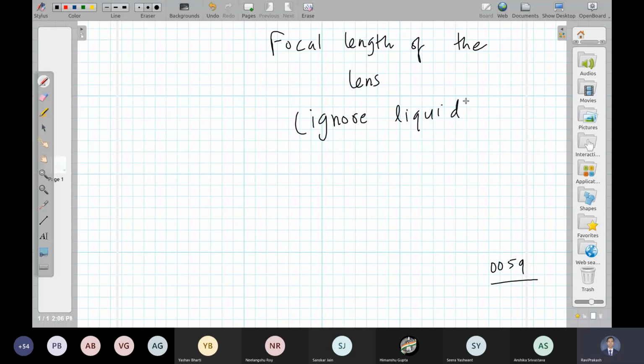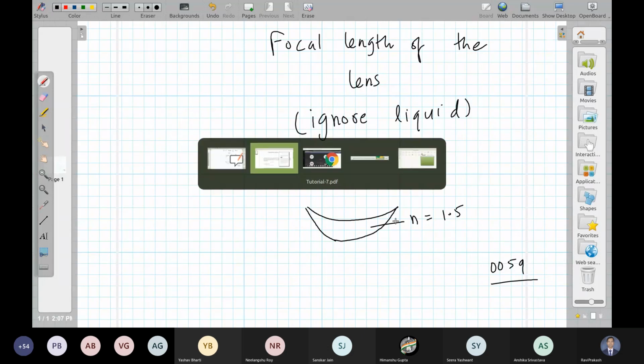How will you find the focal length of the lens? Only this problem. Only Sira will answer, no one else. So only this is the lens and it has refractive index 1.5. Yes, Sira.